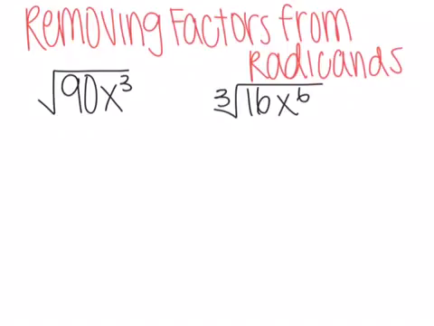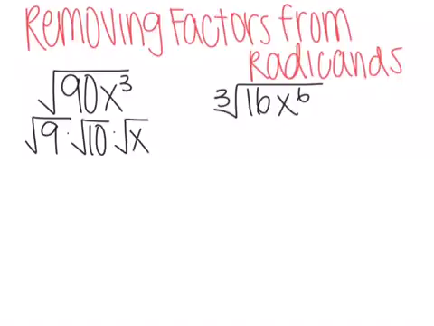Removing factors from radicands. If we have the square root of 90 times x cubed, we can take out the square root of 9 times the square root of 10 times the square root of x squared times the square root of x.